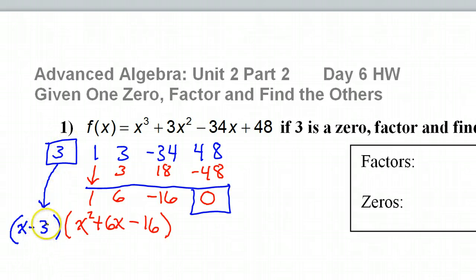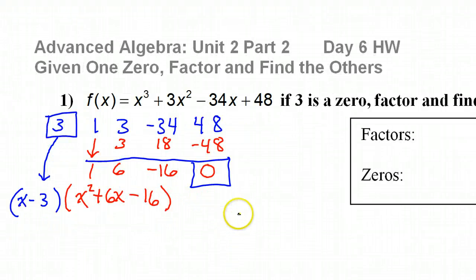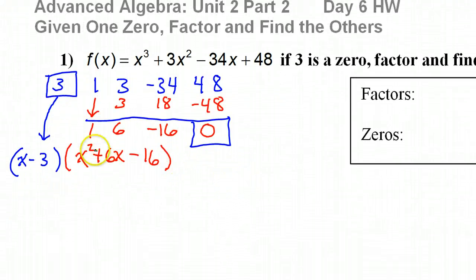So we're working backwards a little bit. So far we've taken this cubic polynomial and we have factored it as x minus 3 times this trinomial. So far so good, but we want to keep going if we can. If we can factor this trinomial further, we must. So I'm going to keep the x minus 3, sort of bring that down.